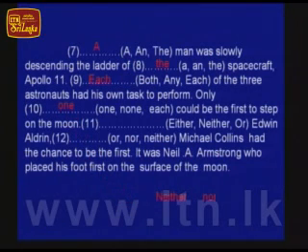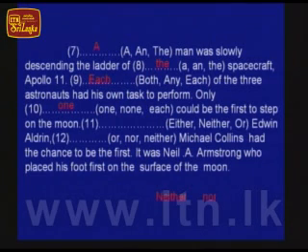Now sentence number 11 begins with a blank. Blank number 11. Either, neither, or. I hope you have heard these words. Either, neither, or. It's always either or, neither nor. That's the way you use them. "Edwin Aldrin, Michael Collins had the chance to be the first."